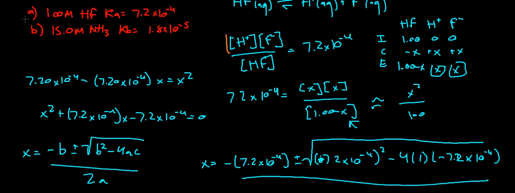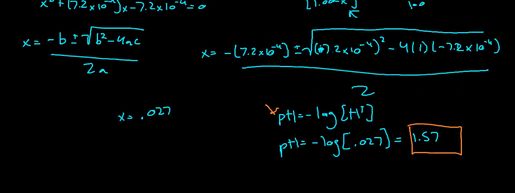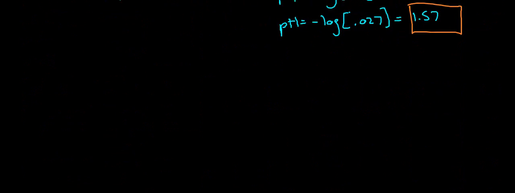Next, ammonia, 15 molar NH3, Kb is 1.8 times 10 to the minus 5. I should write out the equation first, shouldn't I? Yeah, should probably do that.